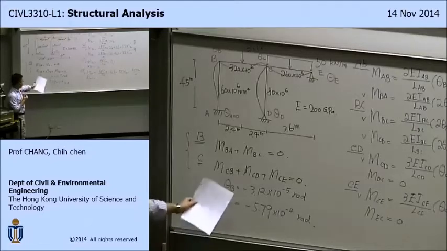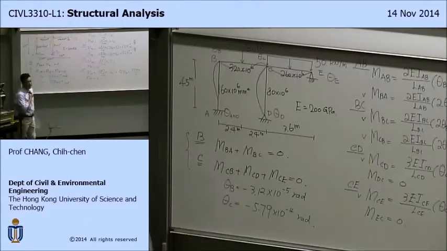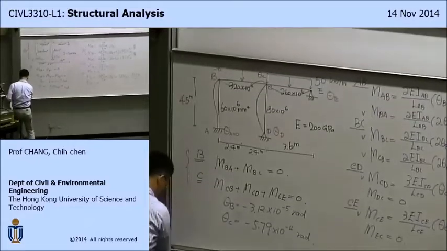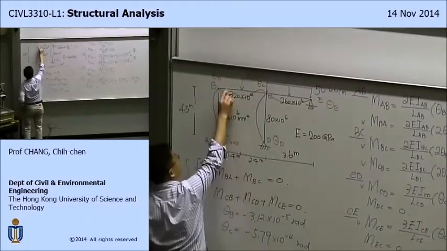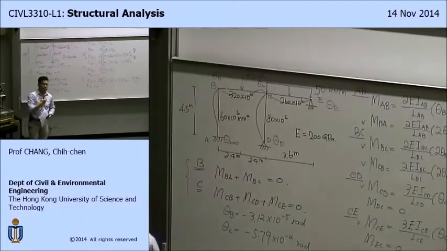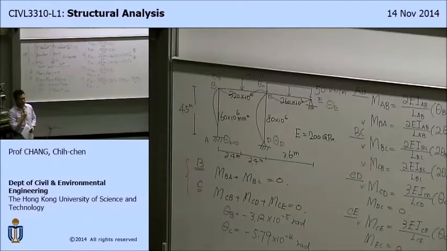So negative means what? Clockwise. So the rotation angle is clockwise, both of them. So this is clockwise and this is clockwise. So it's indicating that the deformation shape that I drew is correct.